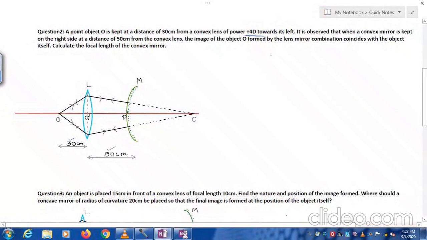So here the object distance for the lens is given. The focal length of the lens is also given as its power is given. So from this we can find the image distance for the refraction through lens.